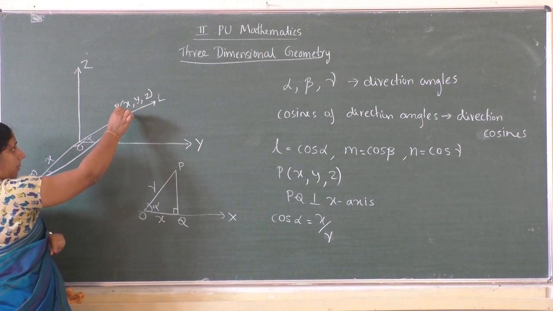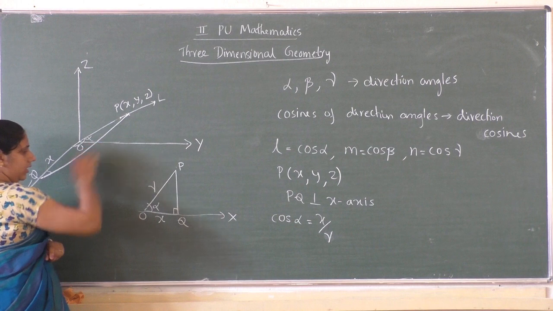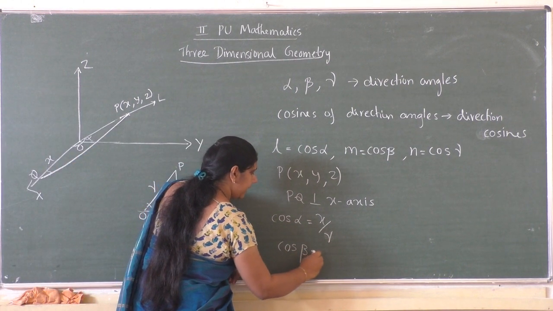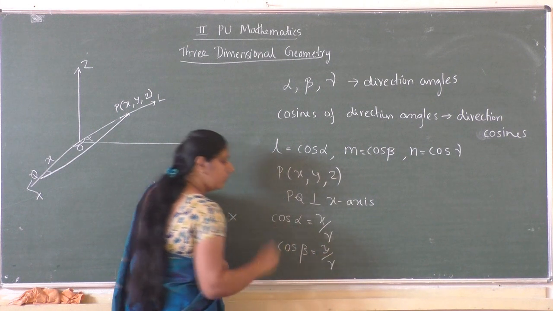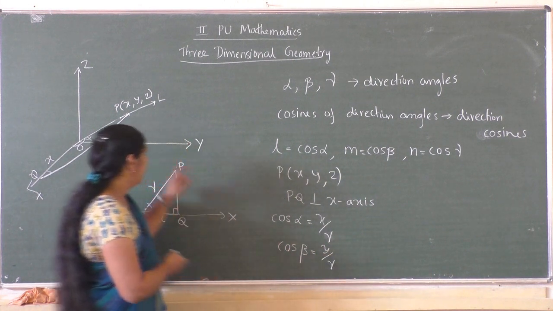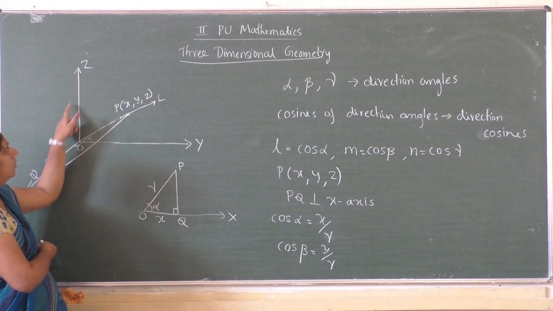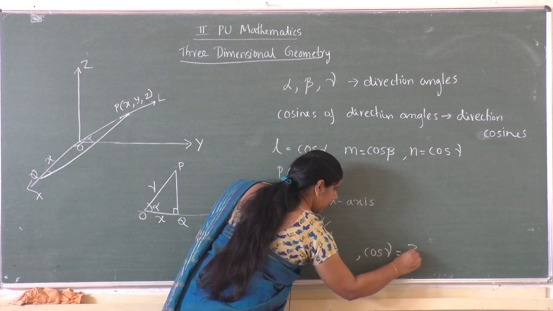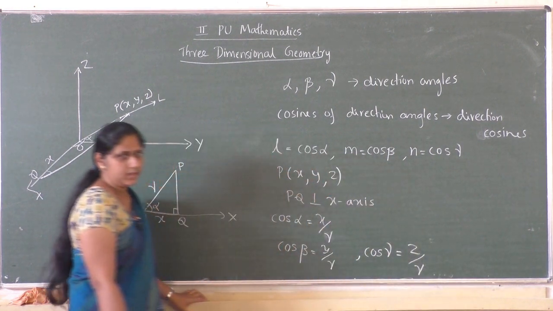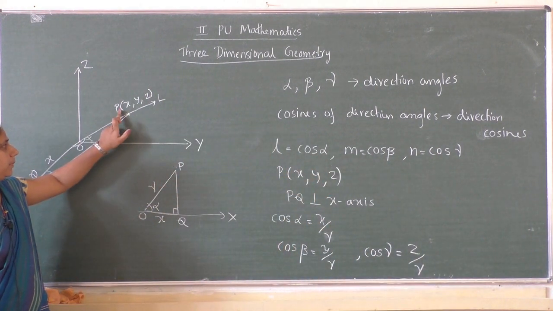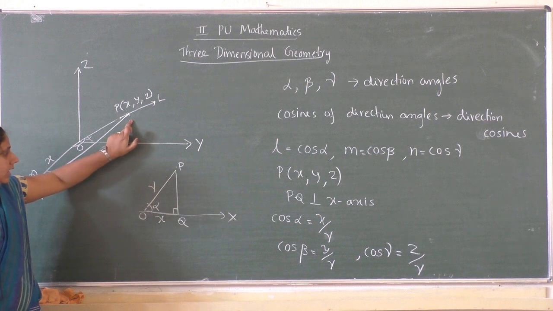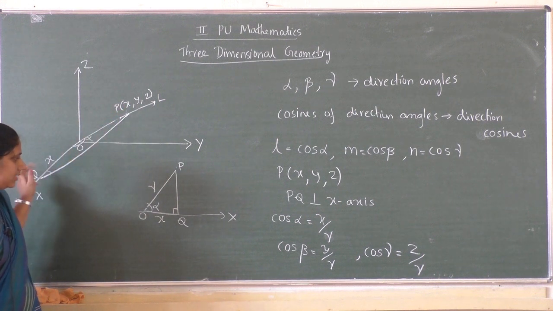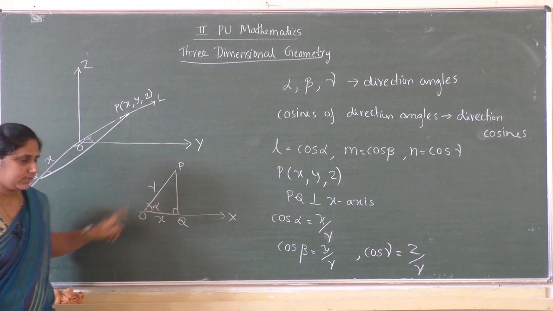Similarly, if we draw a perpendicular to the y-axis, we will get cos beta equal to y by r, and if I draw a perpendicular to the z-axis, I will get cos gamma equal to z by r. Is it clear? You have to consider a point P on the directed line, then draw one perpendicular from that point to the x-axis, and we get a right angle triangle.